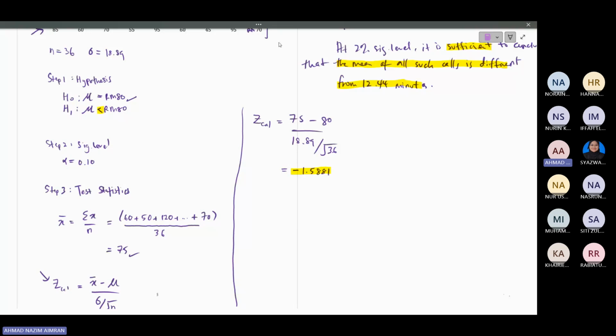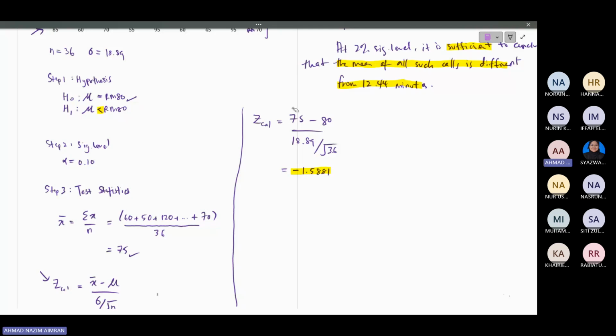But if the alternative hypothesis is that the mean is greater than, then you should get a positive value for the Z calculated. This time we have the less than symbol in the alternative hypothesis, so that is why the Z calculated value is negative.